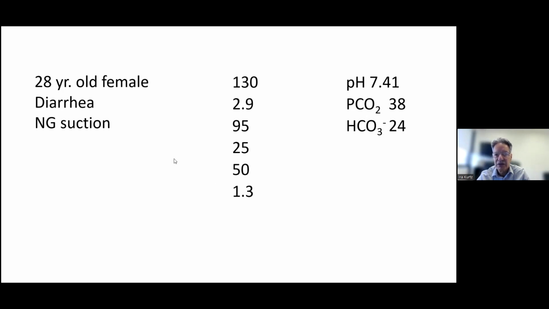You have a non-gap metabolic acidosis and a metabolic alkalosis, which must be what quantitatively? Are they equal in magnitude, or is one greater than the other? They must be fairly equal, right? Yes. So that's the major teaching point here.